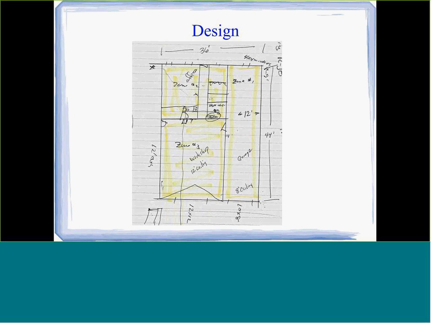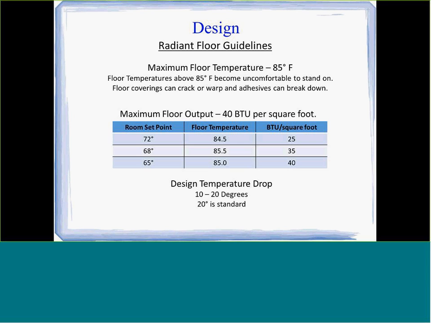The more information we can get, the more detail we can give you as far as heat loads and piping lengths, how much tube we can put in a floor, and what our energy efficiency is going to be. So we try to get as much information as we can.